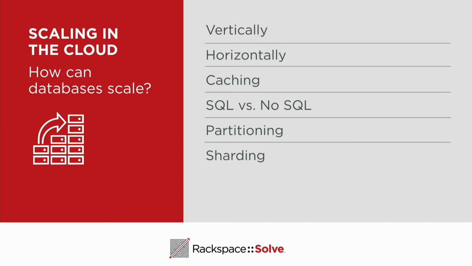As our database starts running at capacity, starts showing perhaps performance issues, we can add additional CPUs so that it can process more in a shorter amount of time or simply process more. We can add RAM so that it can do more in-memory operations. We can add additional disk space so that we can accommodate a larger database.